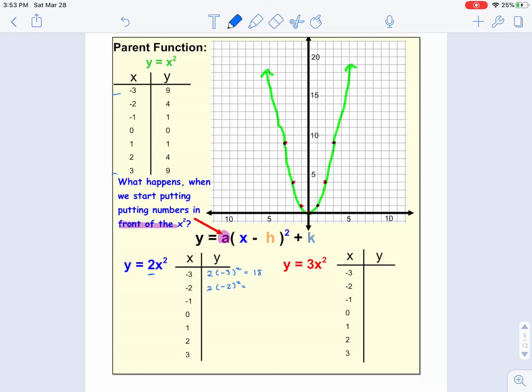All right, 2 times -2 squared. Well, -2 squared is 4 times 2, 8. -1, so 2 times -1 squared. -1 squared is 1 times 2 is 2. 2 times 0 squared, well, that's still just 0.